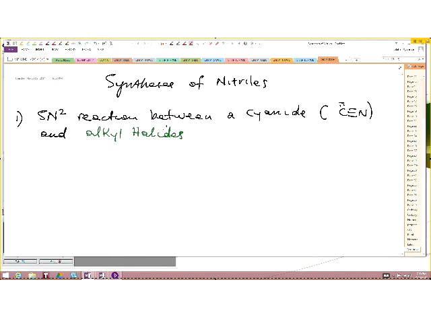And this alkyl halide should be either a primary alkyl halide or a secondary alkyl halide. So let us qualify that: primary or secondary.